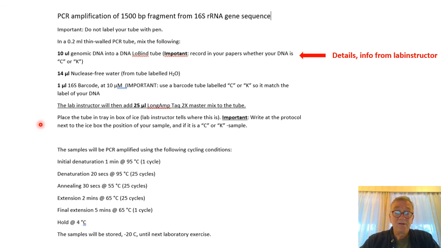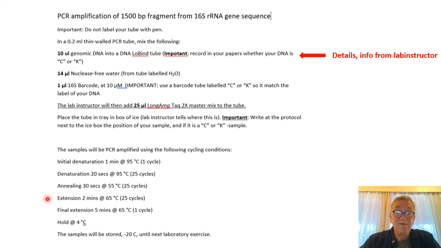So then the day is over, because then I take the samples, put them into the PCR machine, and we will run this temperature profile: 25 cycles of PCR with denaturation, high temperature, annealing, where the primers will attach to the DNA, and extension, where the enzyme will produce new DNA.